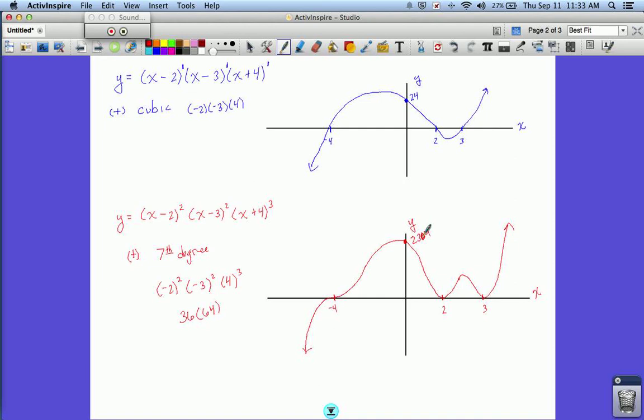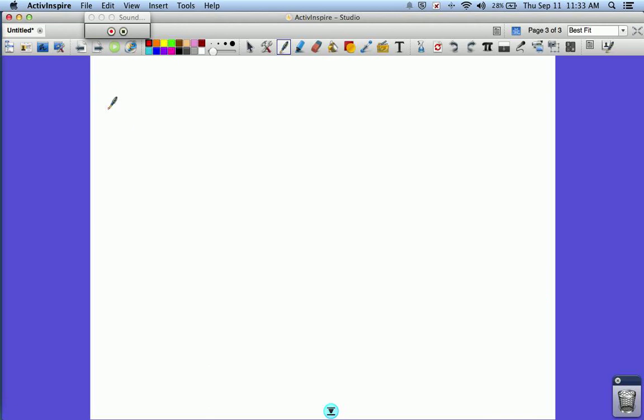All right, let's look at one other example. We're going to graph this problem. We know f of x is 4x to the 4th minus 24x cubed plus 35x squared plus 6x minus 9.